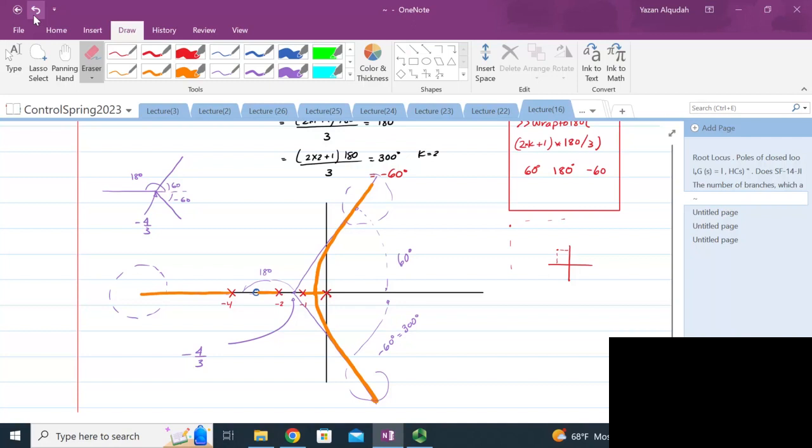One is starting here, one is starting here, and as k increases, we're moving away from the pole. So when k keeps increasing, the only way I'm going to be able to continue is if I leave this axis and go somewhere else. Make sense? Okay. Any other questions?